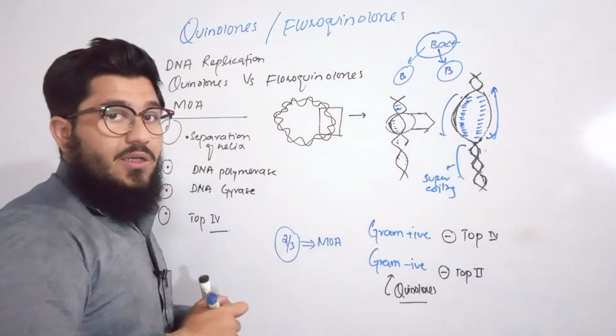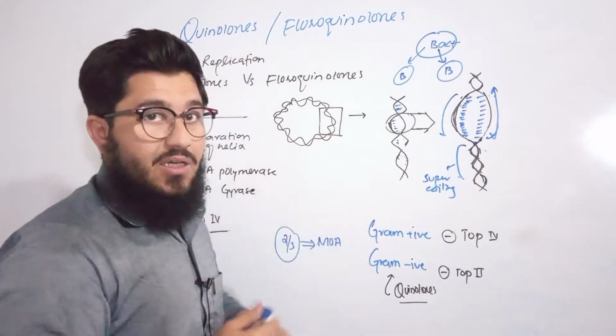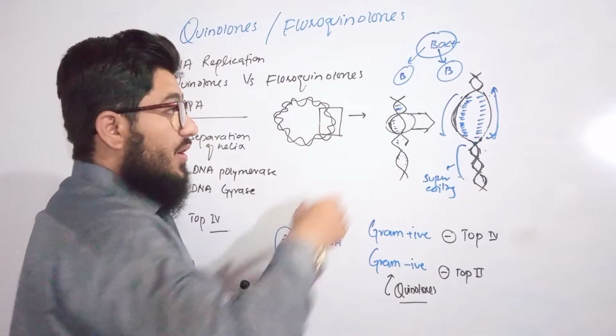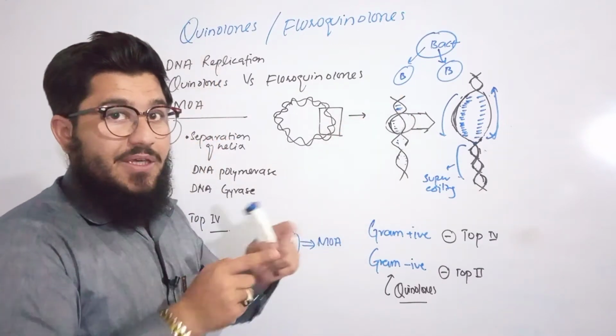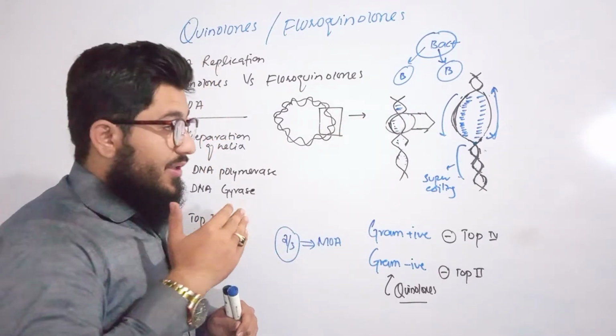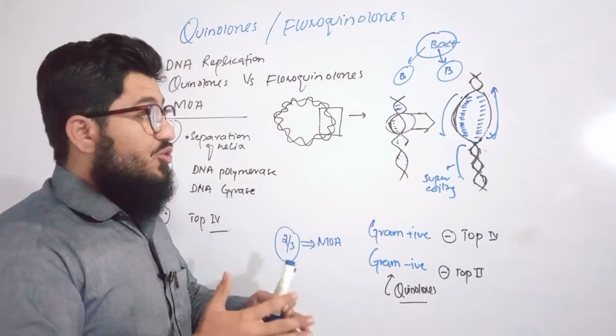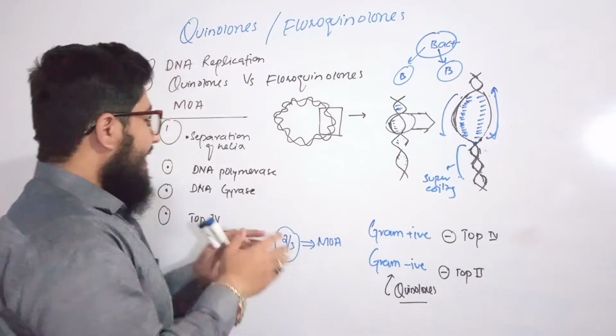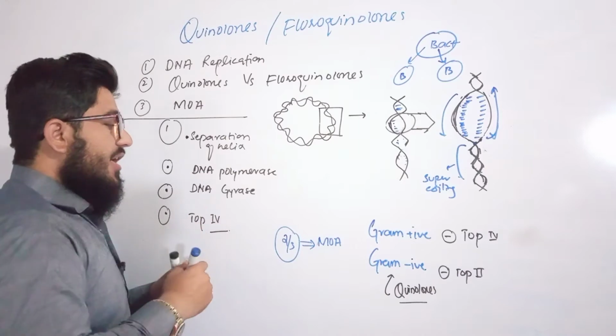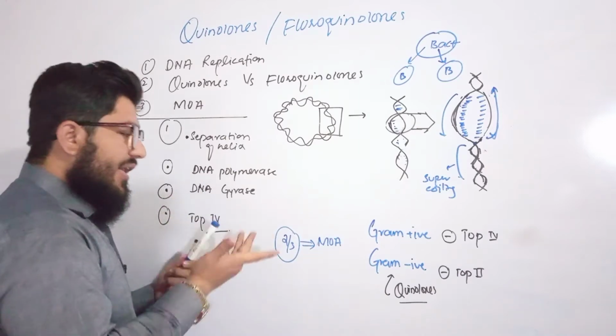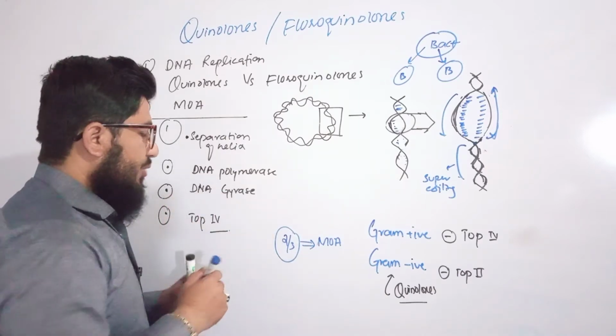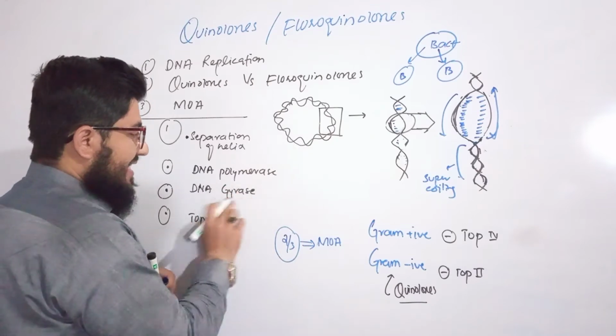Now if this supercoil is increasing, then it will be difficult for this DNA to replicate. In order to reduce this difficulty, the next enzyme comes in, known as DNA gyrase. Anyway, it's easy for you to pronounce or remember the enzyme name.